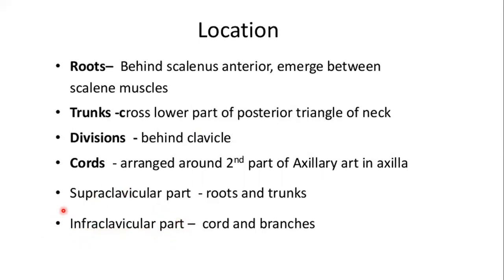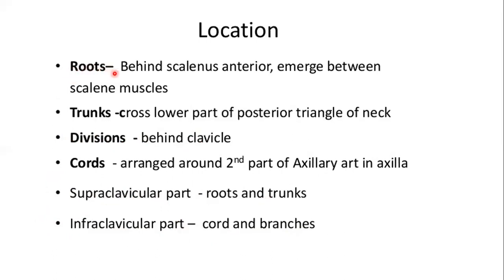So we have 2 main parts: the supraclavicular part composed of roots and trunks, and the infraclavicular part which includes the cords and the branches, while at the level of the clavicle we have the divisions. Now let's be more specific.